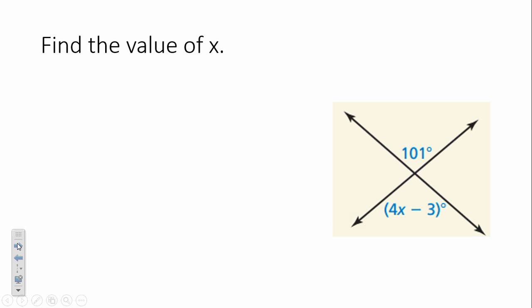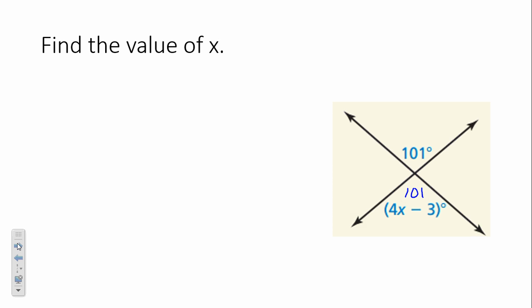How are we going to do something with this? Which ones are going to be congruent? We don't know. Good. These are vertical angles, so this should also be 101, right?